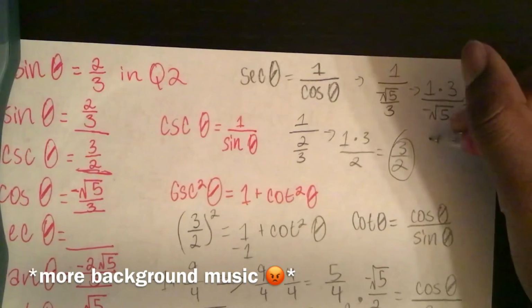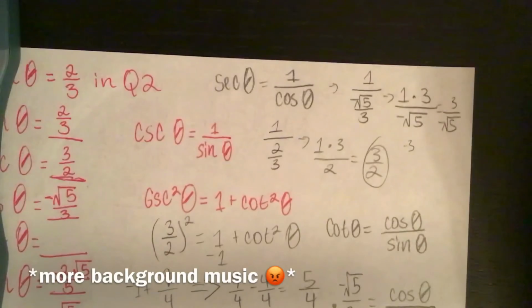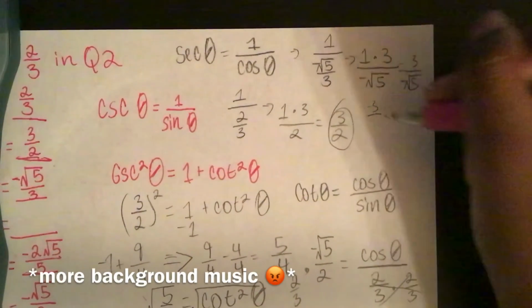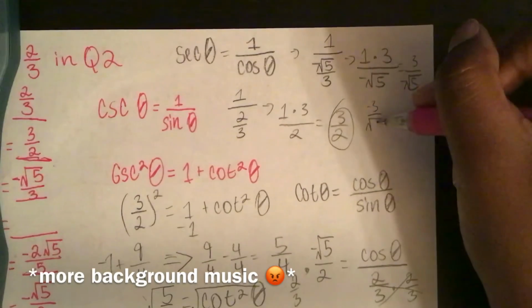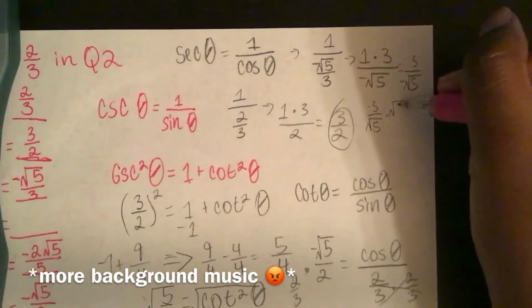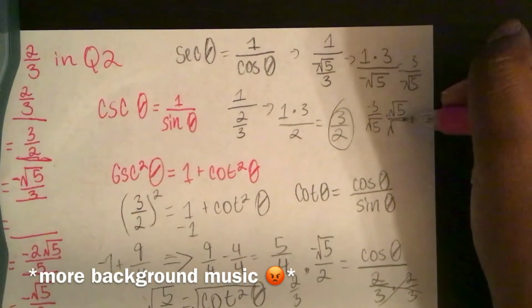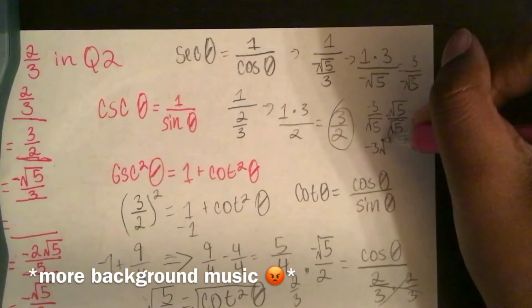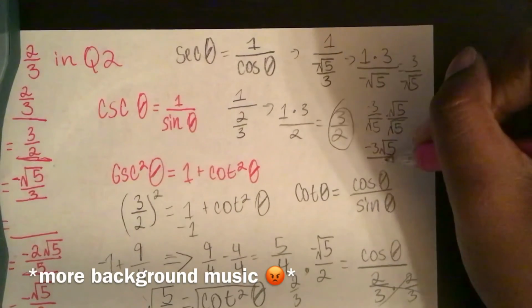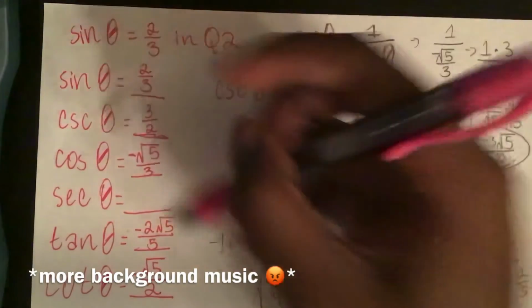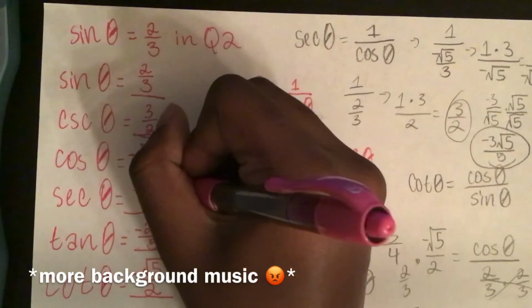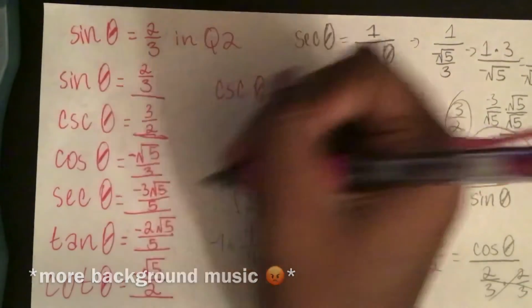Then we have to rationalize it. Times square root of 5. We have to rationalize the denominator because we can't leave a square root in the denominator. So that's going to give us negative 3 times the square root of 5 over 5. And that's our final answer, and that is the value of secant. So secant is going to be negative 3 times the square root of 5 over 5.